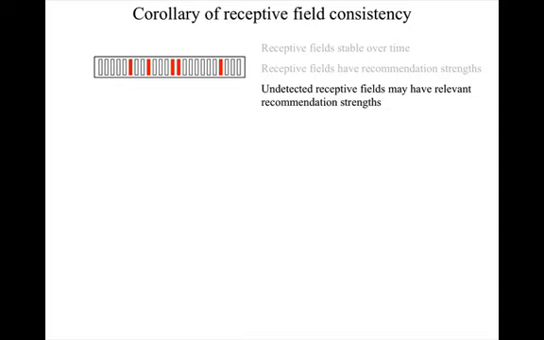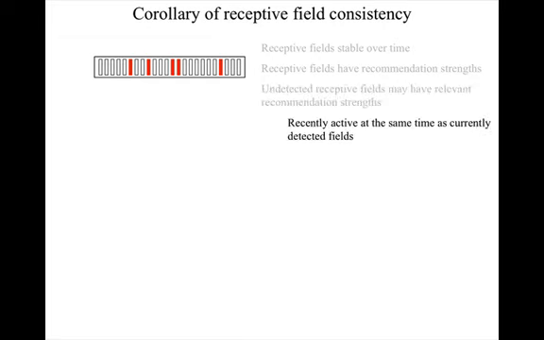But one thing a learning system could do is record information about past simultaneous activity of different groups of receptive fields. Then, if a receptive field isn't being detected, but it was detected in the past at the same time as some currently detected receptive fields, there could be a good chance that the inactive receptive field has some relevant recommendation strengths.